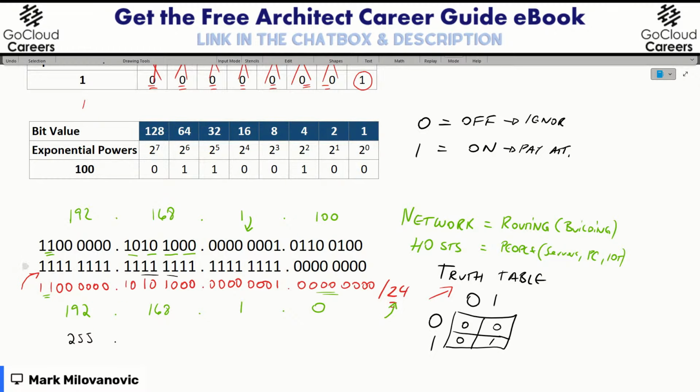What about the second one where we turned on all the ones? What would that be again? 255. Perfect. What about the third octet where we have all the ones turned on?